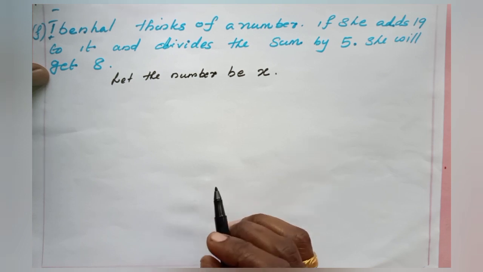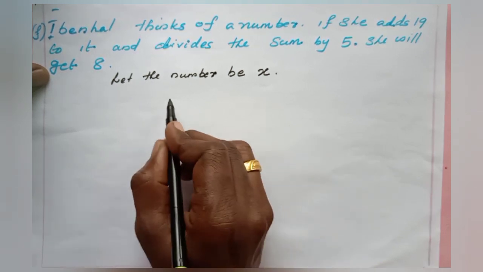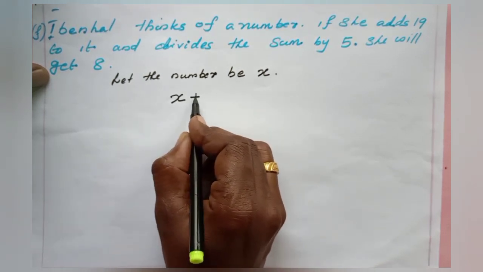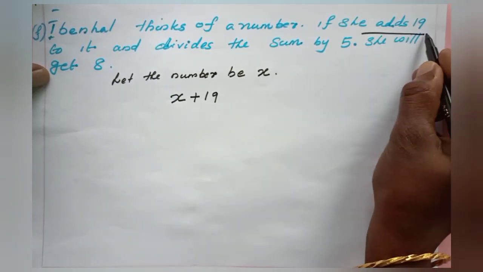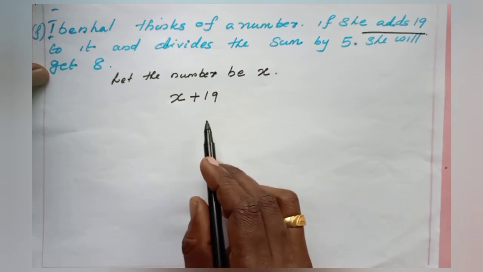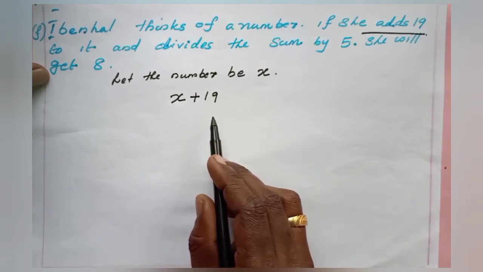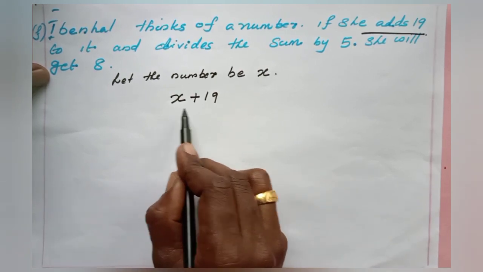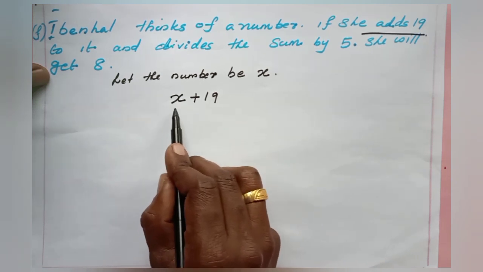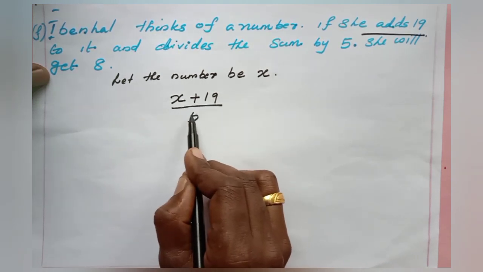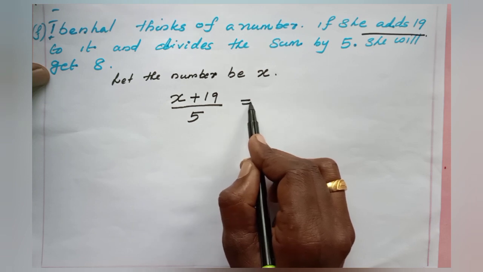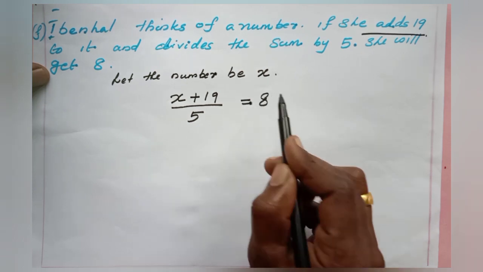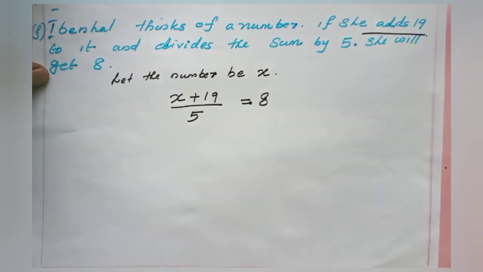Then if we add 19 to it, we get x plus 19. And divide this sum by 5. She will get 8. This is the equation.